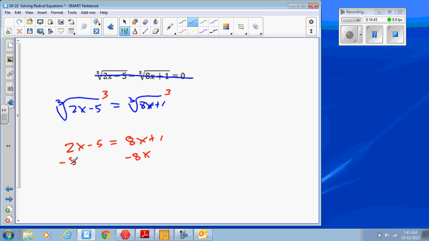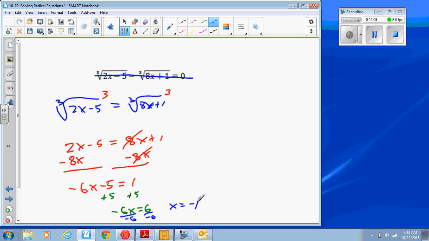Sometimes people like to work with positive numbers, but I'm going to do it this way. These are going to cancel, and I have negative 6x minus 5 equals 1. So now I'm going to go through the steps to solve for x. Plus 5, plus 5. Negative 6x equals 6. And then we divide by negative 6.